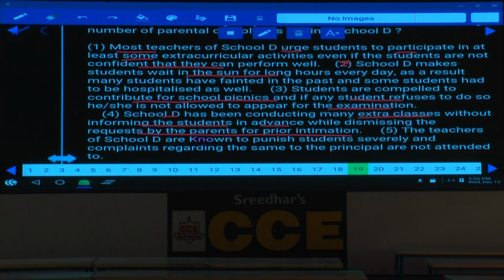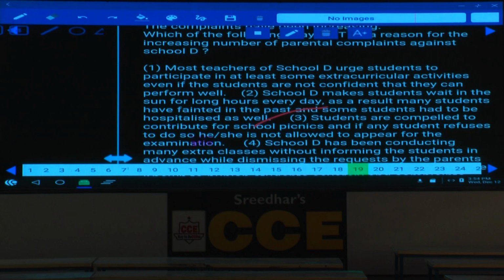This is a negative aspect, hence this could be the reason why the parents are complaining. And the fifth one: the teachers of the school are known to punish students severely. They are punishing them severely, and this could also be the reason why they are complaining. Hence, which cannot be the reason here? The first one cannot be the reason. Done with this? With the help of the first one, what happens here? These people will get an advantage with that one rather than a disadvantage.